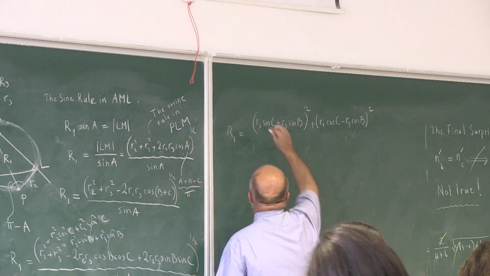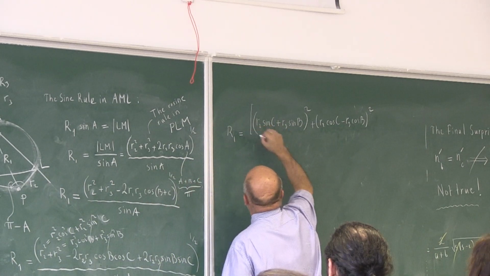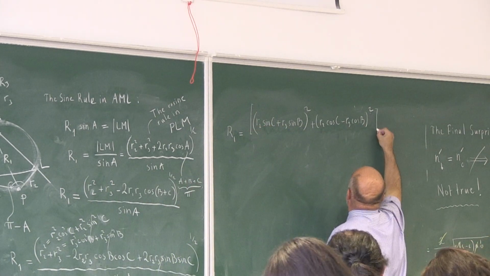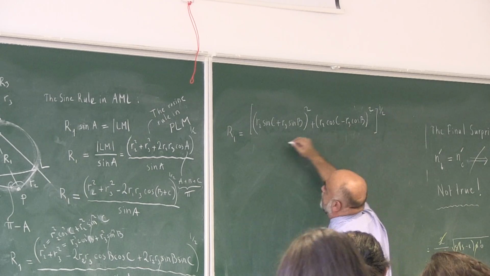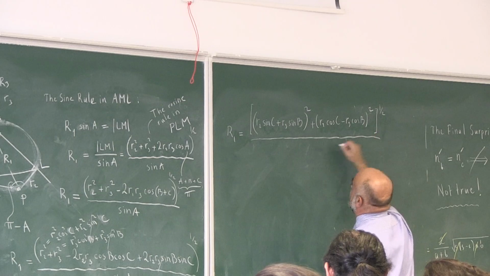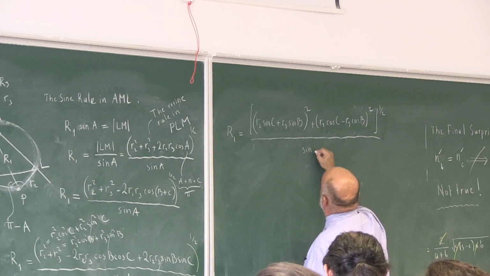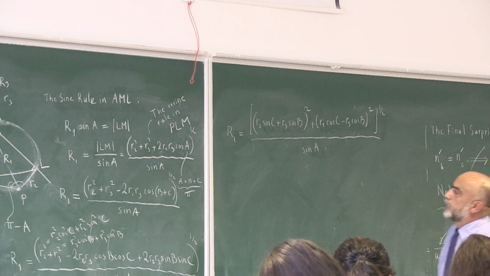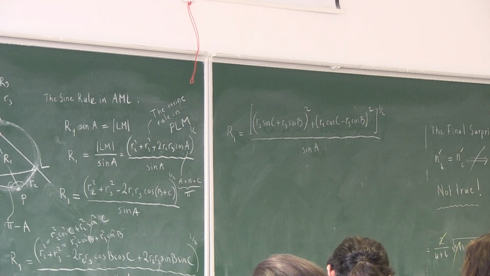That's wonderful. And the whole thing is, of course, within the square root sign. And downstairs, still, my sine A is awaiting to be woken up into action. Ladies and gentlemen.